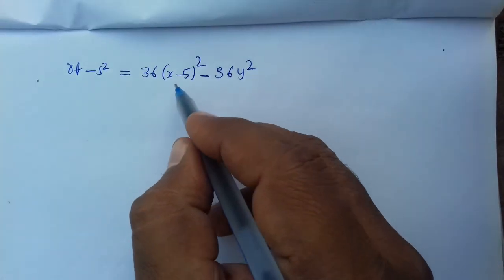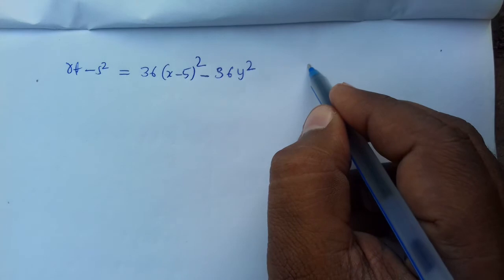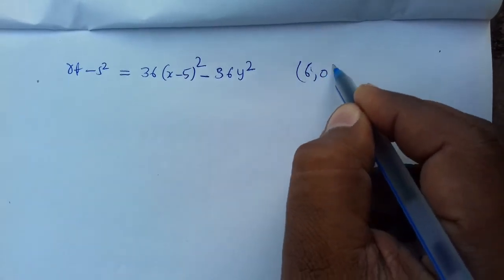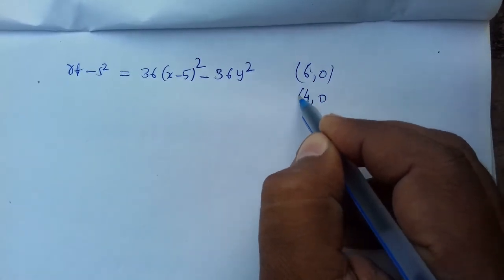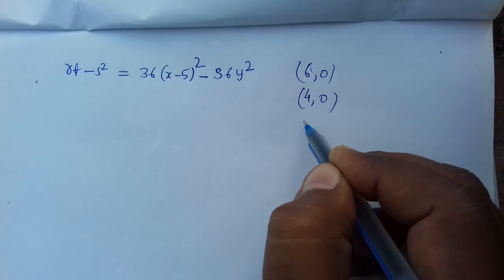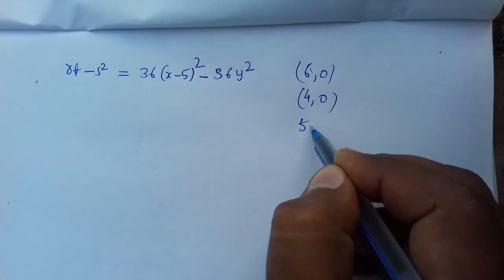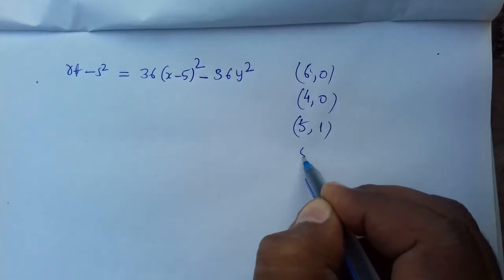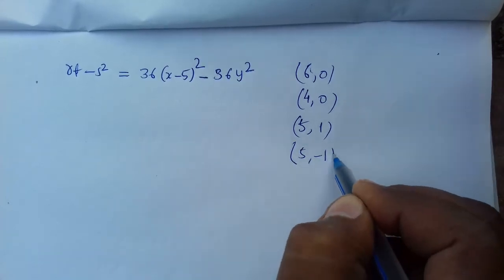Now put the values. We have 4 points: (6, 0), (4, 0), thereafter (5, 1) and (5, minus 1).